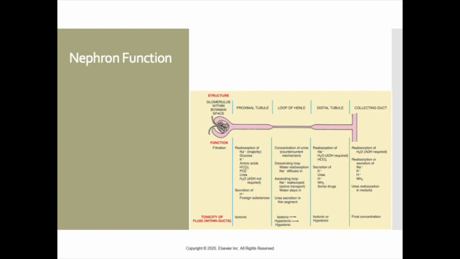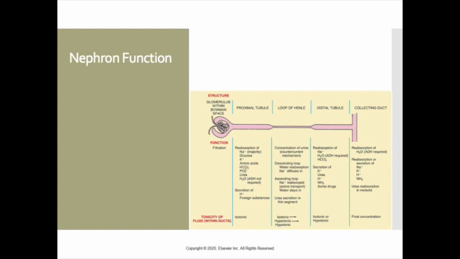Also the distal tubules and the collecting ducts. The transition of the filtrate into that final urine really is a reflection of how the concentration task, if you want to call that, is happening within the loops of Henle.